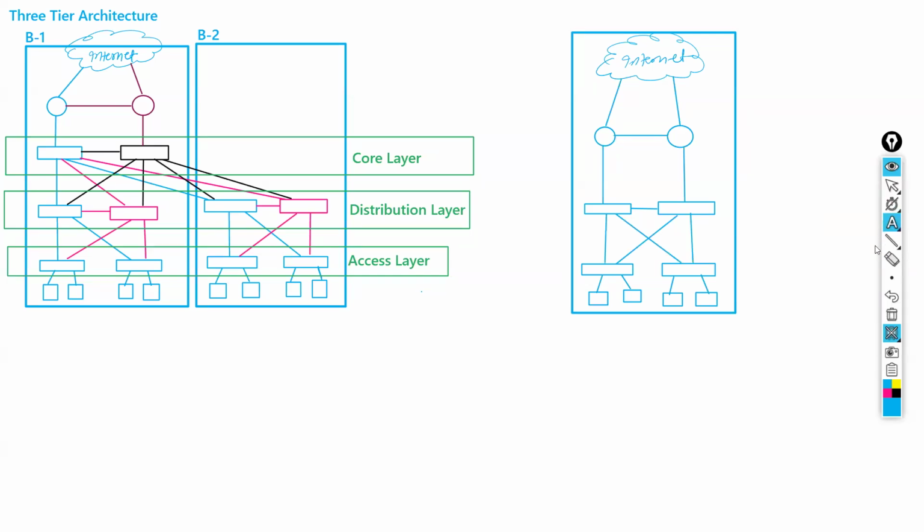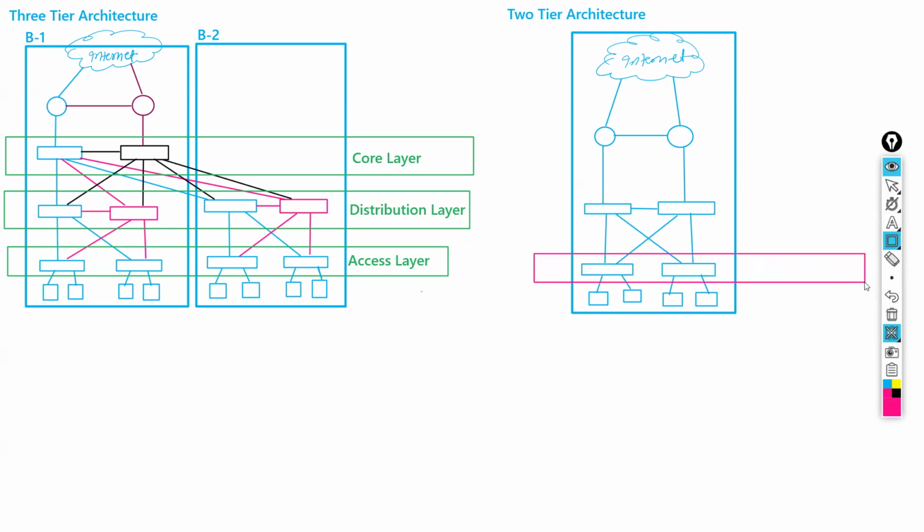Now you already know why the name is two-tier, because there are only two layers. So this is your two-tier architecture. Okay. So in here, what will happen? You have two layers only. Only two layers of switches we have.